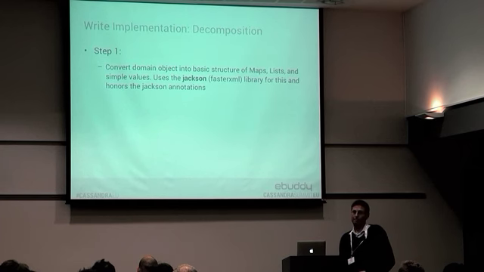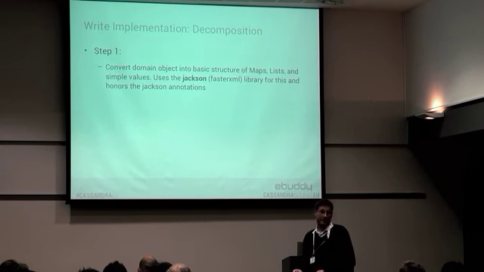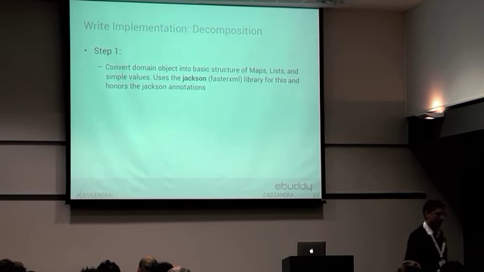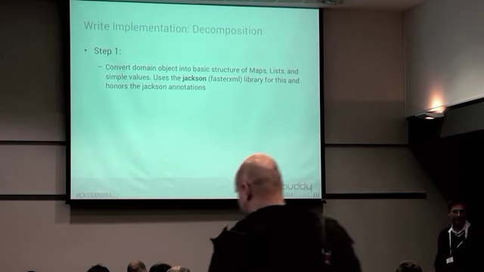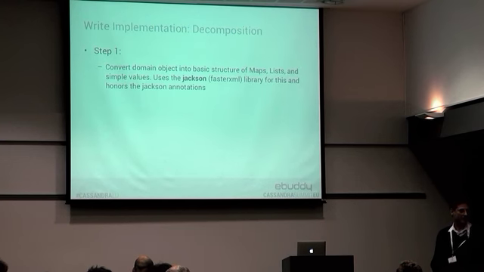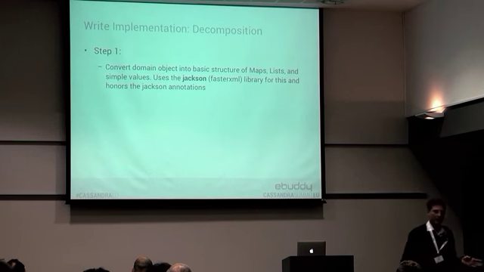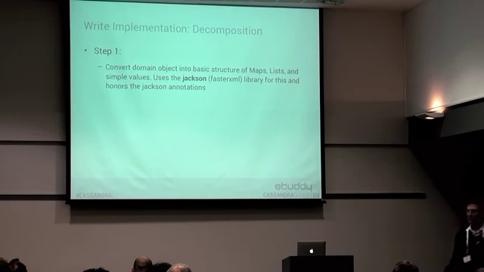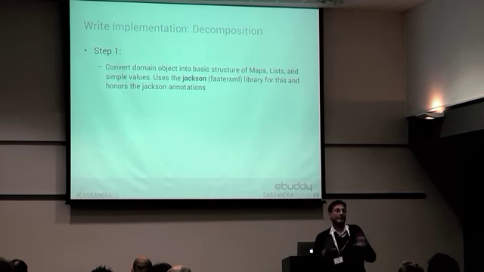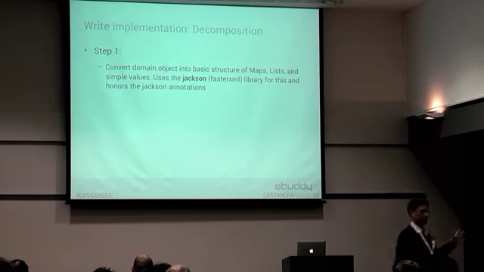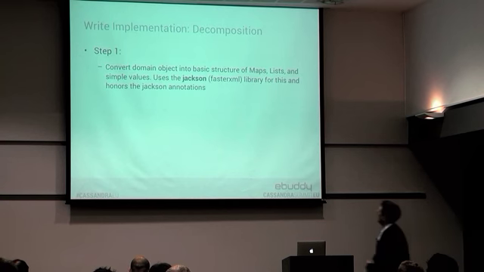An advantage of using Jackson is that not only do I not have to write it myself, it also means that it will honor the Jackson annotations on your domain objects. You may already have Jackson annotations on your domain objects for converting them into JSON, so the same annotations are honored in this library for breaking your objects down into basic structures: maps, lists, and simple values.